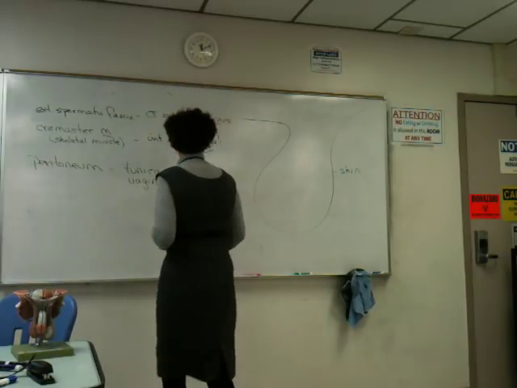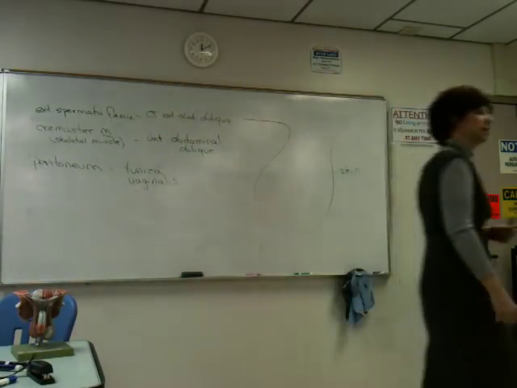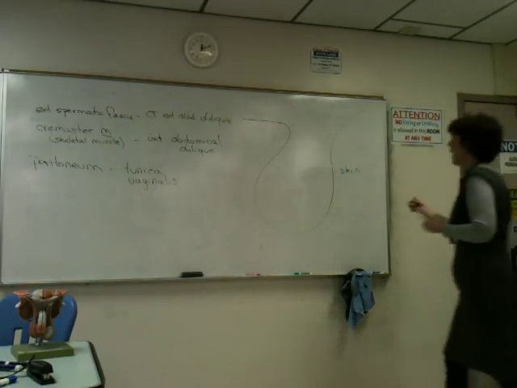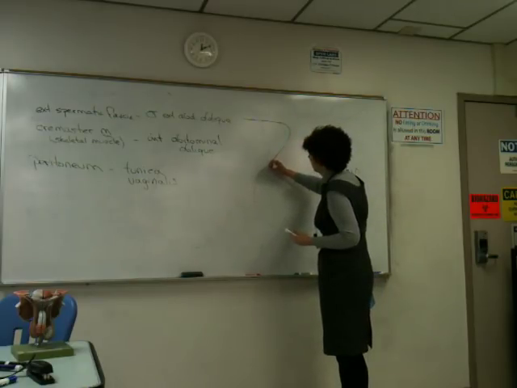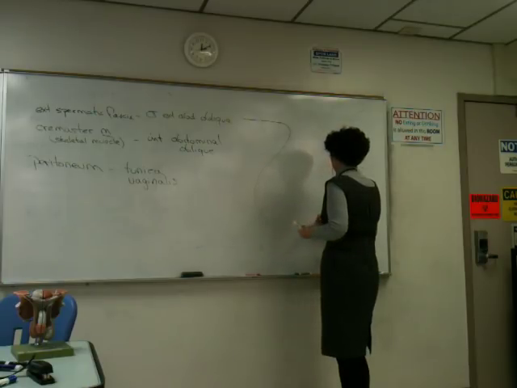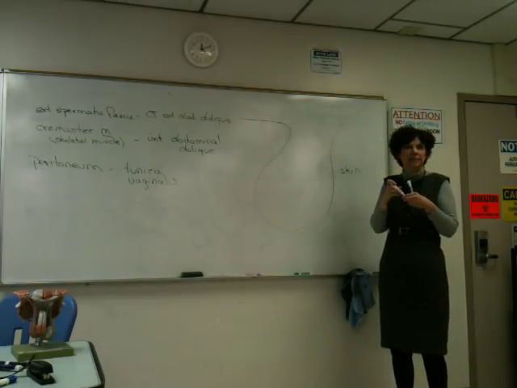Now, within the skin is a layer of smooth muscle, the deep layer of the skin. And this is smooth muscle known as the dartos muscle. When it contracts, it wrinkles up the scrotal skin.